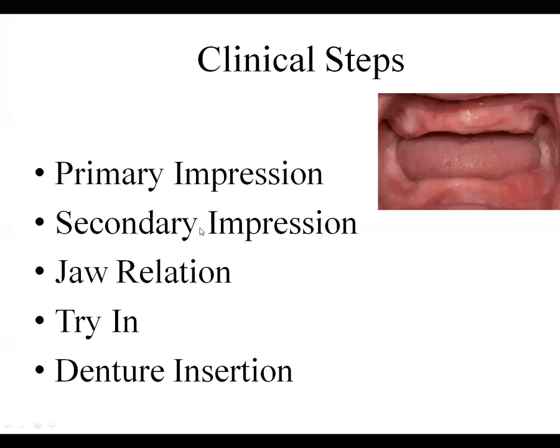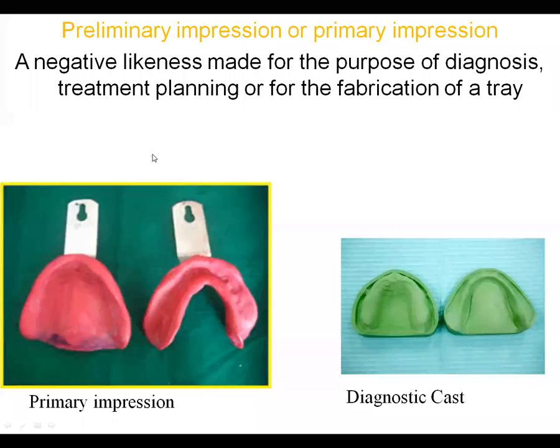Coming towards the primary impression. What do we do in primary impression? See here, what are they showing? They are showing a picture of a maxillary edentulous impression and a mandibular edentulous impression. In this image, they have used compound as an impression material for making the primary impression.